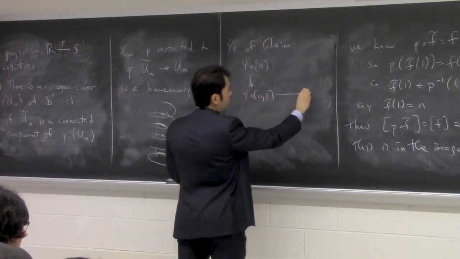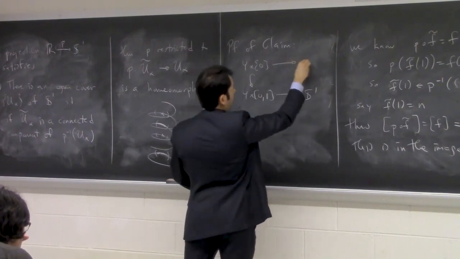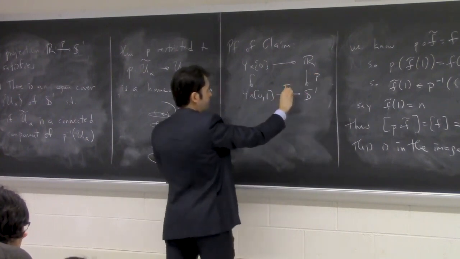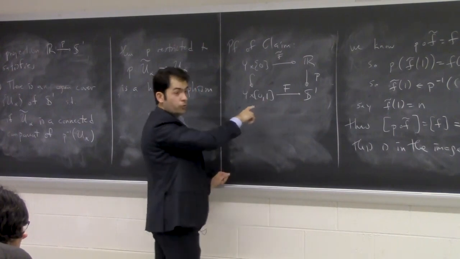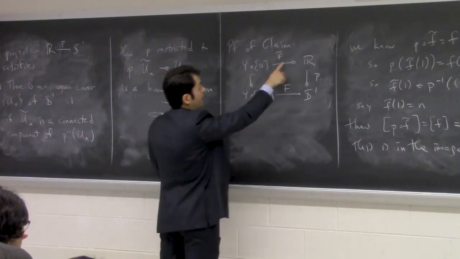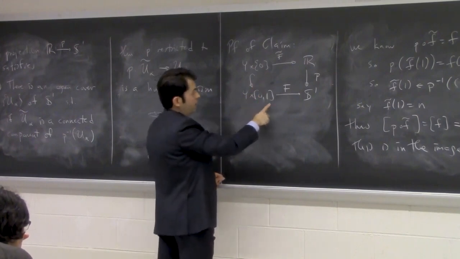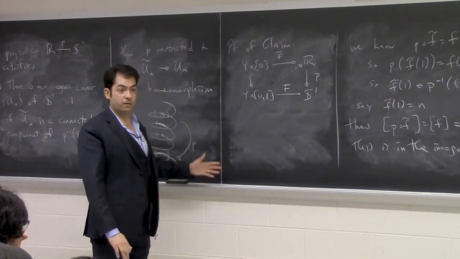We have a map to S1 here, and a map to R here. F, and this is an F tilde. And we want to extend F tilde from the left endpoint to all of y cross 0, 1, right? So we want an arrow there that makes everything commute.